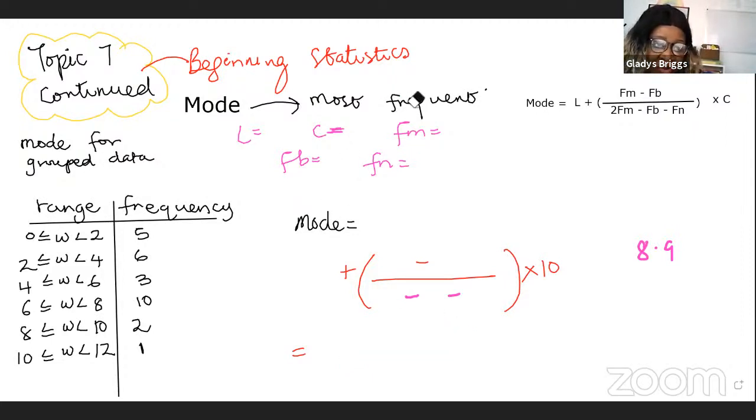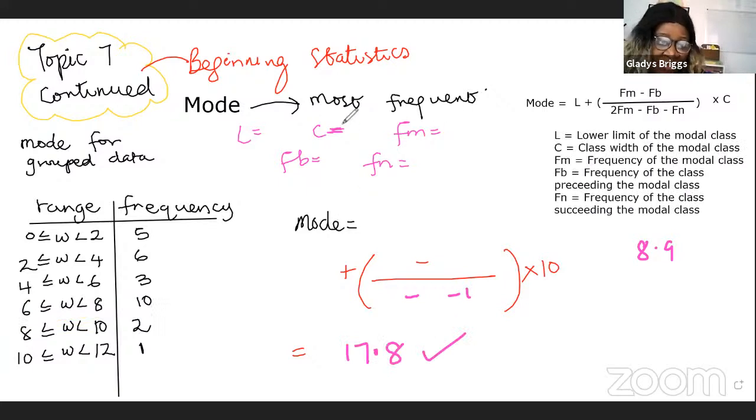Okay, guys, so what's the modal class here? The modal class is definitely this one, the one with the highest frequency. What's the lower limit of the modal class then?